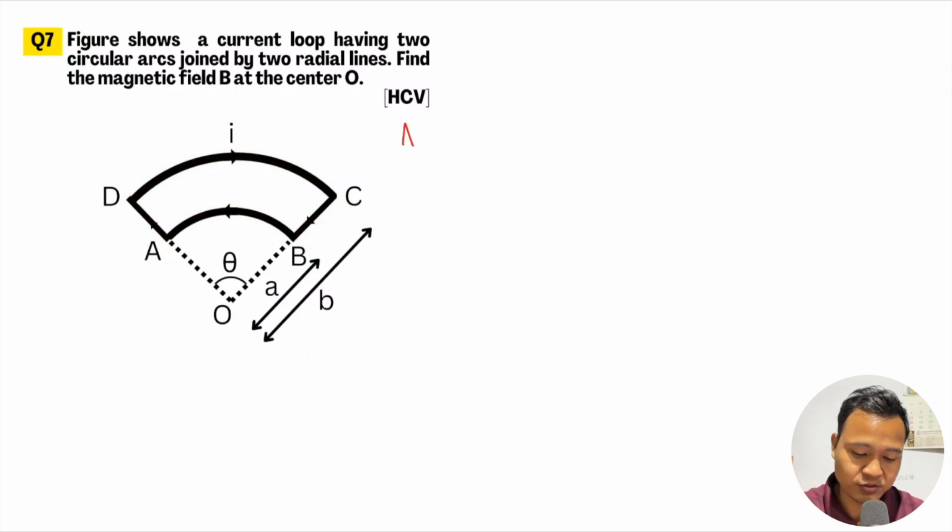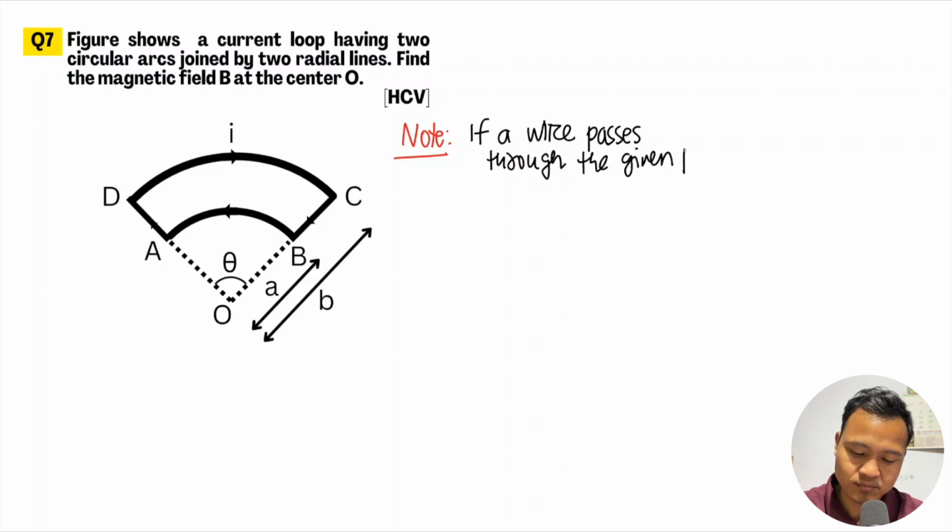See here you have the knot. So if a wire, a conductor, passes through the given point, then the magnetic field due to that part is 0.